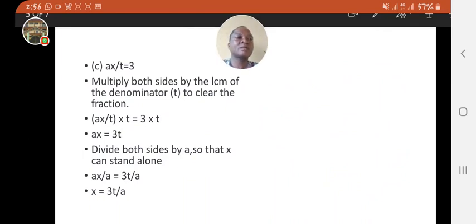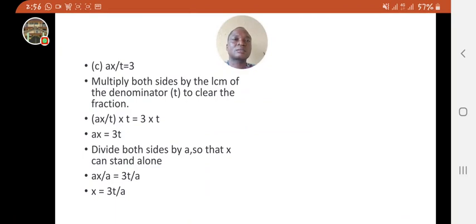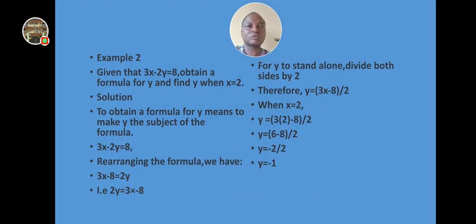Okay, all right, let's go to the next question. Example 2. Given that 3x minus 2y is equal to 8, obtain a formula for y and find y when x is equal to 2.